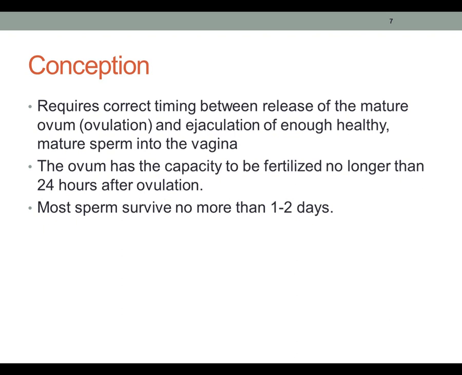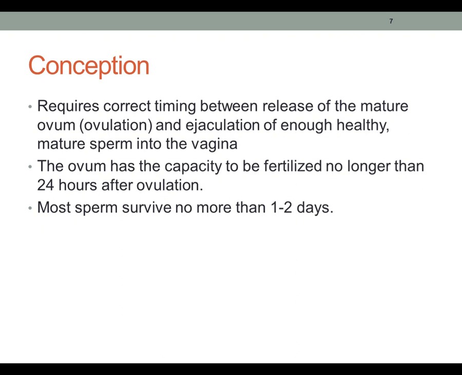So there's a really short window in there, but you have to think about sperm can survive 1 or 2 days. So even if you don't have sex on the day of ovulation, if you've had sex a couple of days before and there's still live, viable sperm in the fallopian tube, then conception can occur.